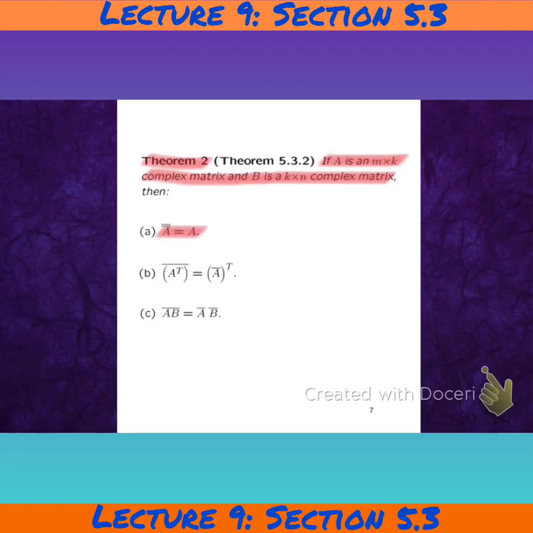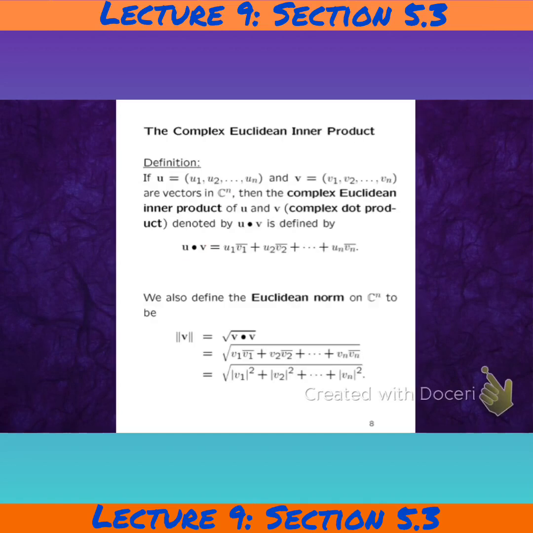The conjugate of a conjugate is the matrix A, and the conjugate distributes over the transpose. That's pretty obvious. And the conjugate of a product, although a little bit more tricky, you need to go and verify. The conjugate of a product of two matrices is the same as the product of the conjugates.